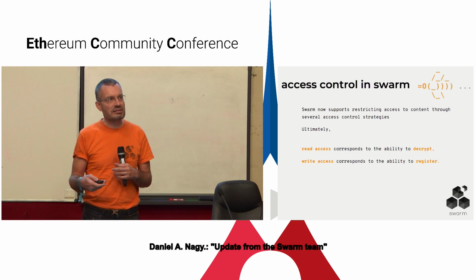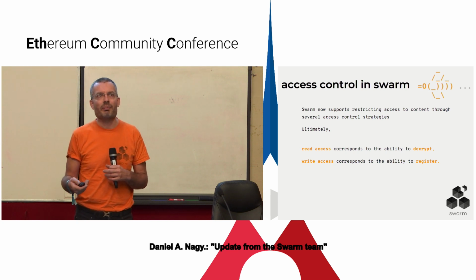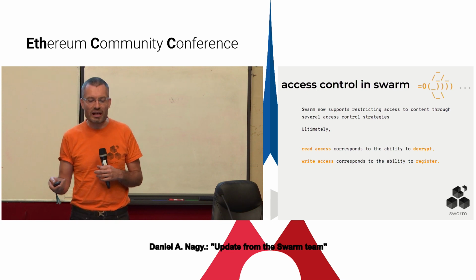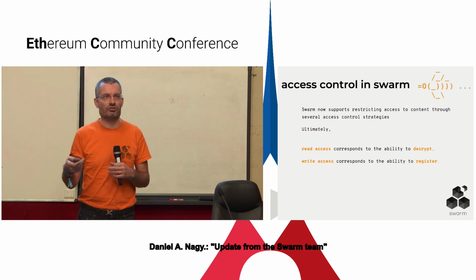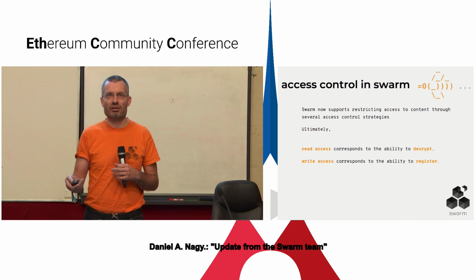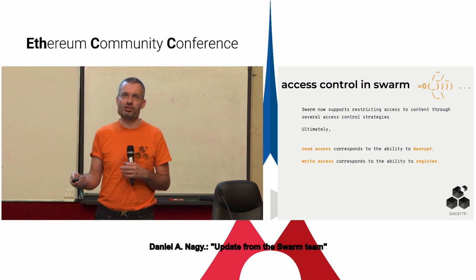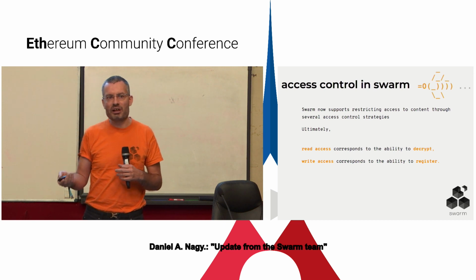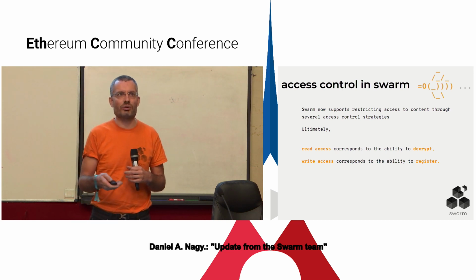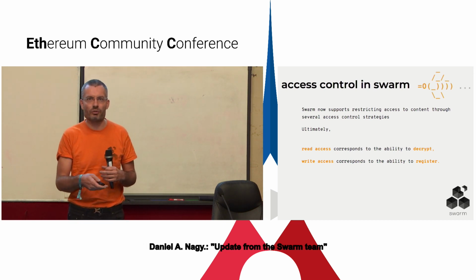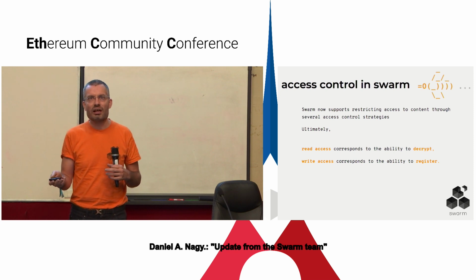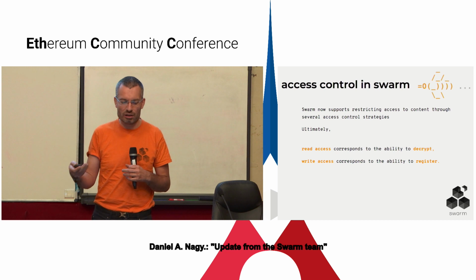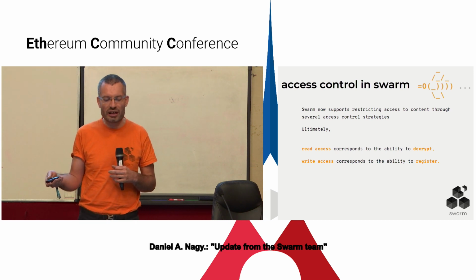Write access is even trickier, because write access in practice means that you have the rights to update the root hash in some on-chain or off-chain registry. Typically, this means ENS. Once you own the ENS name for your Swarm site, you have the ability to update the root reference for that.